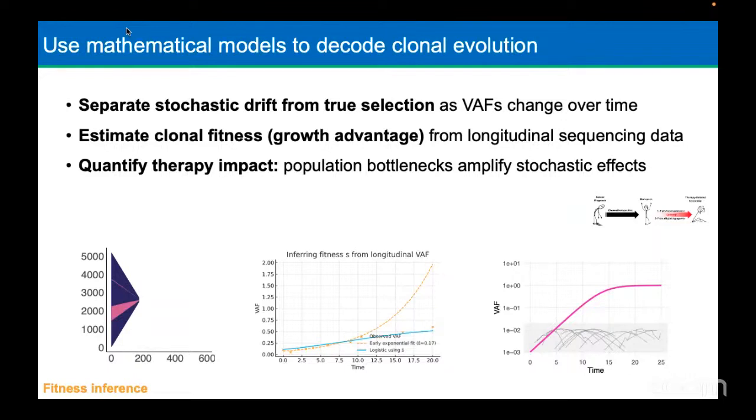We can estimate the clonal fitness. The fitness concept is the most important concept in CH because we can infer if the mutation is expanding or not. And if the mutation is expanding, some precursor disease could happen afterwards.